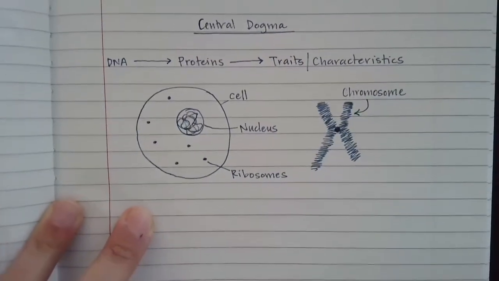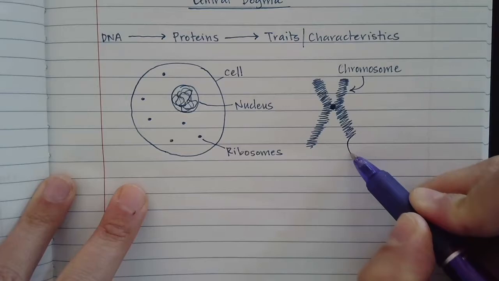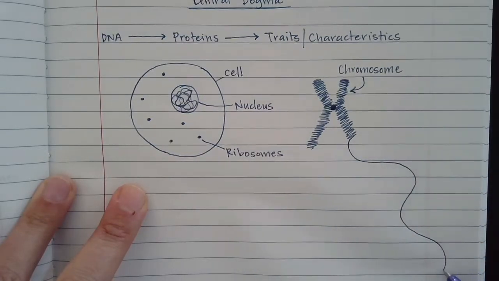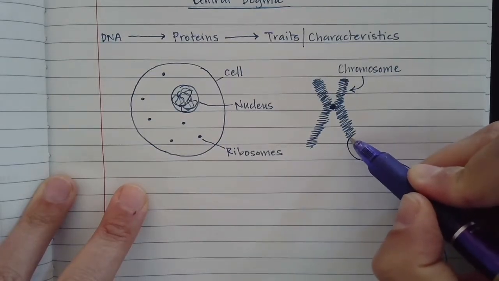So if I zoom in on this strand of DNA, what I see is that it is actually a double helix.